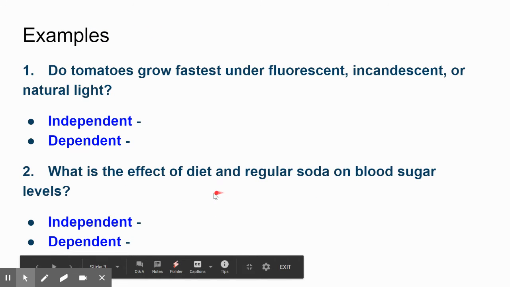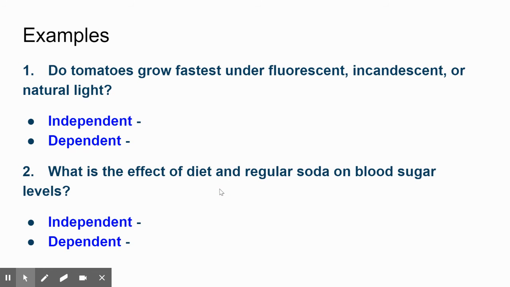Do tomatoes grow fastest under fluorescent, incandescent, or natural light? First, in your experiment, you control the light. You decide what kind of light you have, fluorescent, incandescent, or natural light. That's independent. That's what happens first. Then, the plant will grow depending on the conditions.